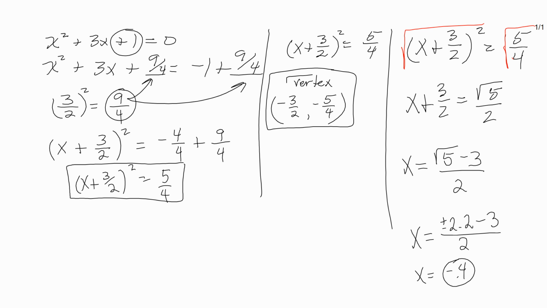You owe somebody 2.2. You owe somebody 3. What do you owe them? You owe them 5.2, right? And what's half of 5.2? Well, half of 5 is 2.5. It's a miracle. Negative 2.6. And there's your x-intercept.